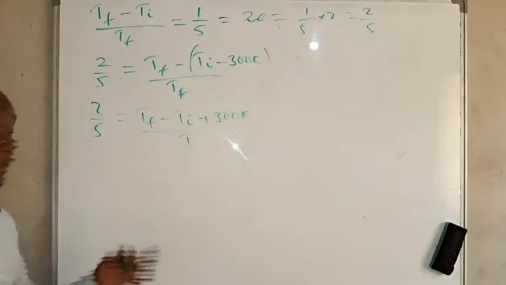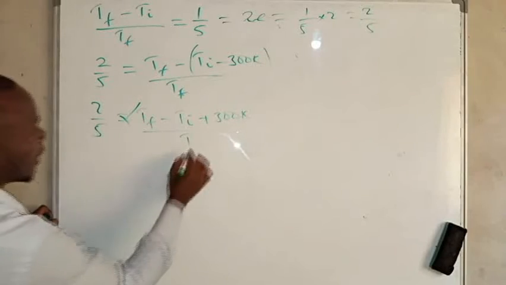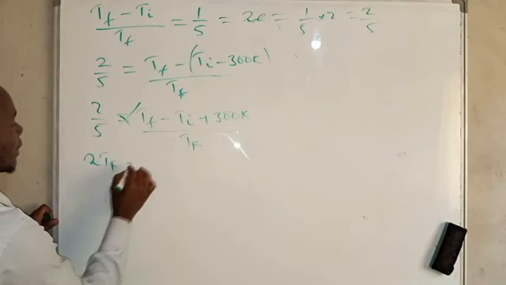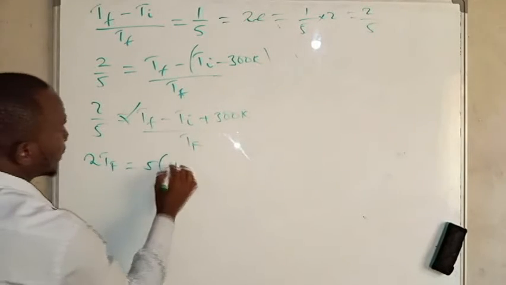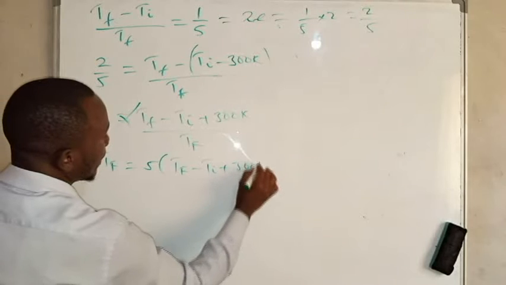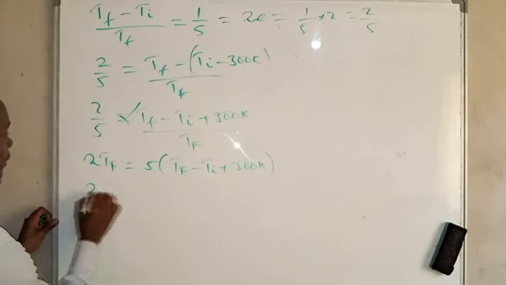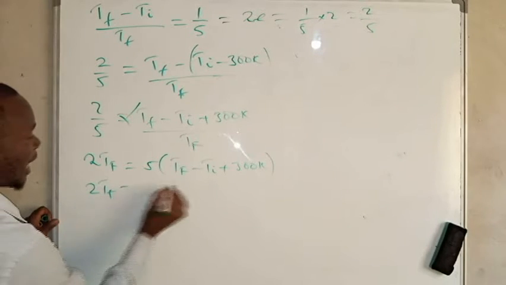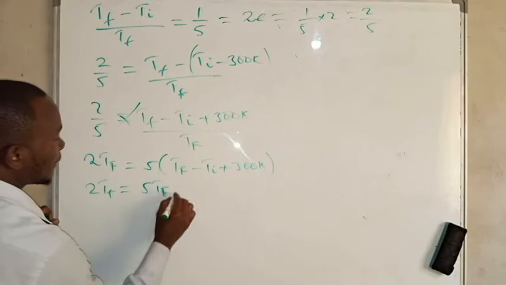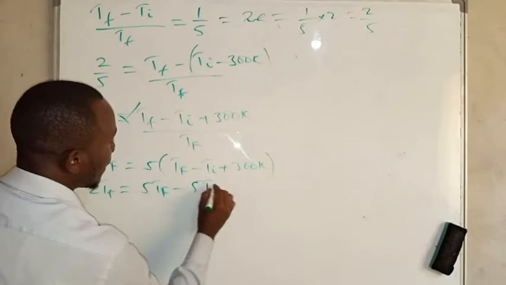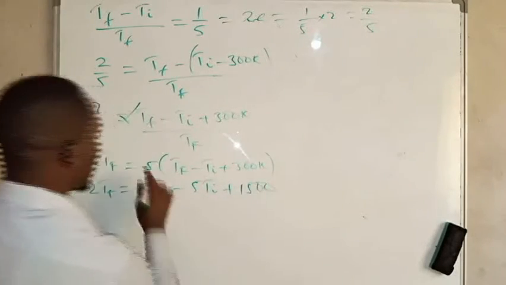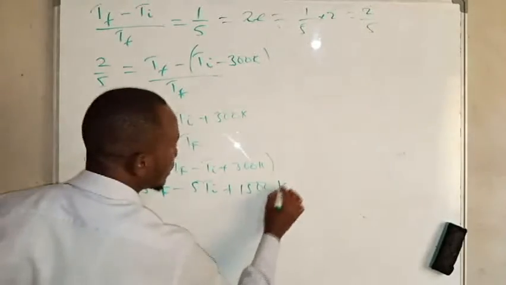We can cross multiply, and we're going to have 2Tf is equal to 5 times Tf minus Ti plus 300 K. Then 2Tf is equal to 5Tf minus 5Ti plus 1500 K, since 5 times 300 is 1500.